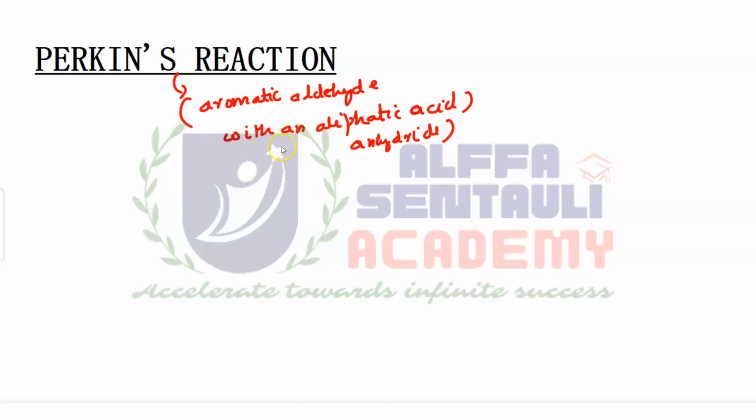When you combine the aromatic aldehyde with an aliphatic acid anhydride, you get alpha beta unsaturated acids. I guess this much theory is sufficient to write in the exam. You can understand this with a simple example.